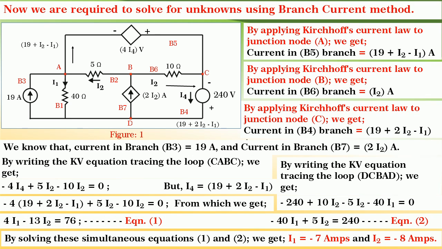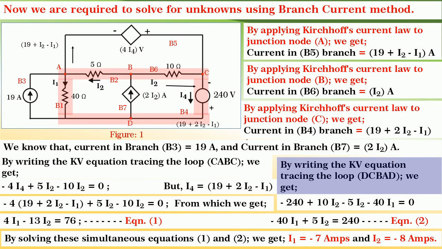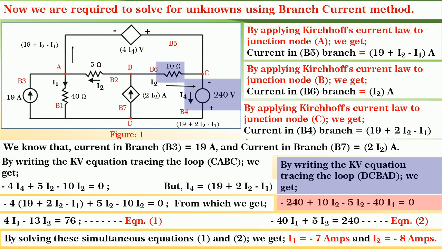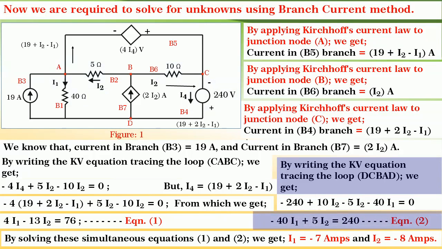Similarly, by writing the Kirchhoff's voltage equation, tracing the loop DCBAD, we get minus 240 plus 10i2 minus 5i2 minus 40i1 equal to 0. By rearranging, we get minus 40i1 plus 5i2 is equal to 240. Let it be equation 2.